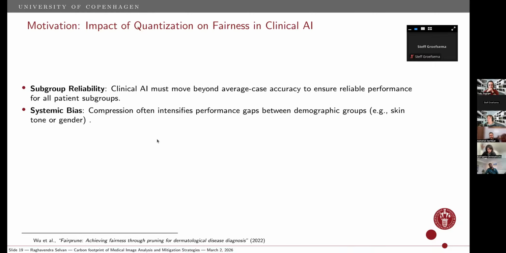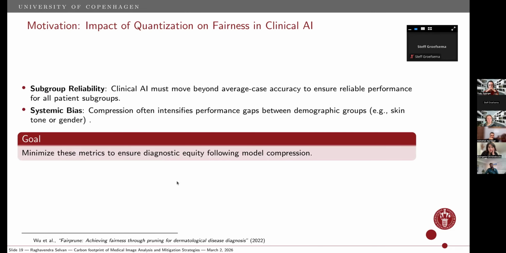And then we look at the bias using some standard benchmark data sets, looking at group disparity, where the groups are based on either gender or skin color. Now, the goal is to offer the best trade-off between the two.